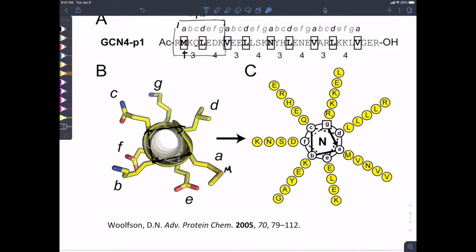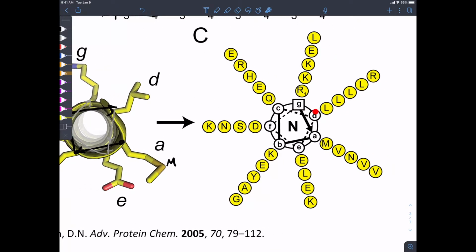So we've just superimposed this sequence on this wheel diagram, and what it's intended to show you is that at the A and D positions, you have nonpolar amino acids for the most part. So here is a stripe of 4 nonpolar leucine side chains.